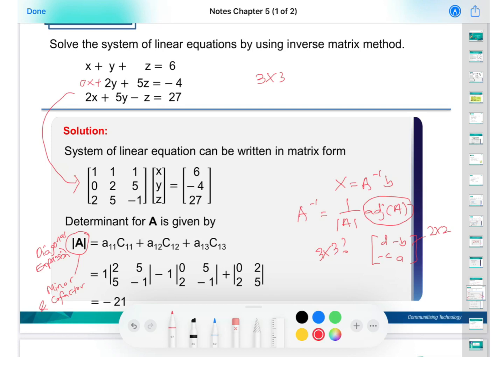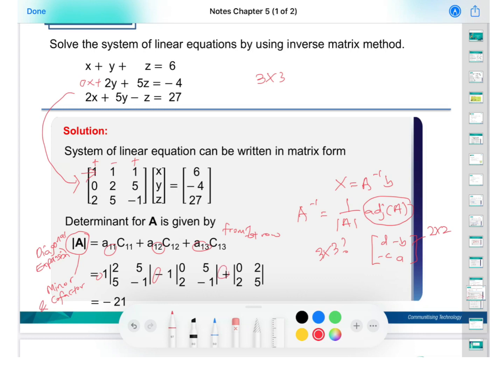So it expand minor cofactor from the first row. So you have A11, A12, A13. Okay, so what is your first row? Your first row is here. So the sign is plus, minus, plus.